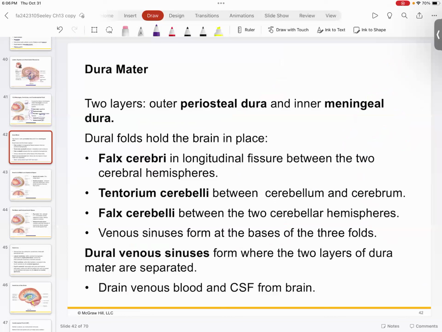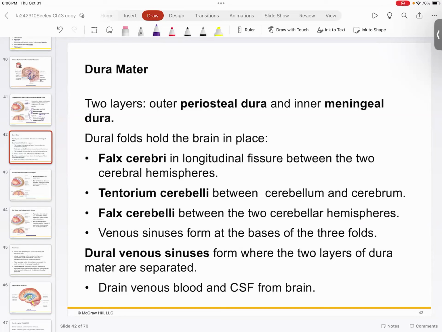By the way, does this sound like a familiar pattern to you? We saw the same pattern in cartilage. We saw the same pattern in bone, right? You have a cellular or membranous inner layer, that's the meningeal dura, surrounded by a more connective tissue outer layer, right? Very much like the periosteum, having a cellular layer on the inner portion and a connective tissue layer on the outer portion.